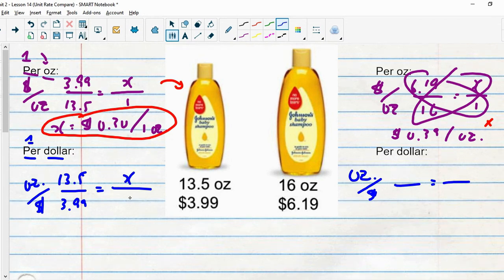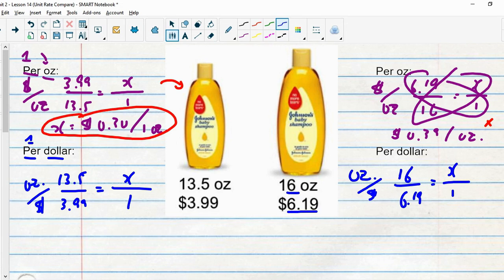How much could I get for $1? By the way, I think it's good to set up the proportion the way I'm doing first, meaning you write down the question first. You set up the problem for yourself before you solve it, okay? It's up to you. All right, next side is 16 ounces for $6.19. How much for $1?